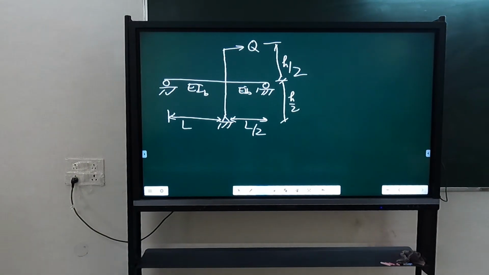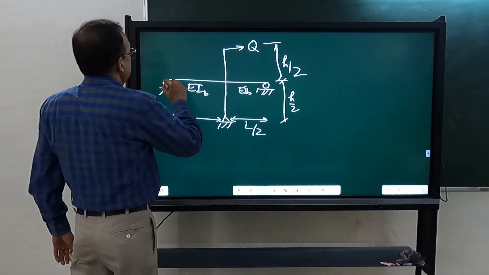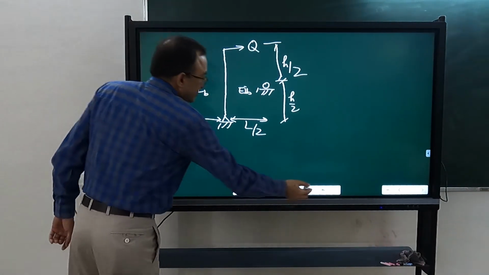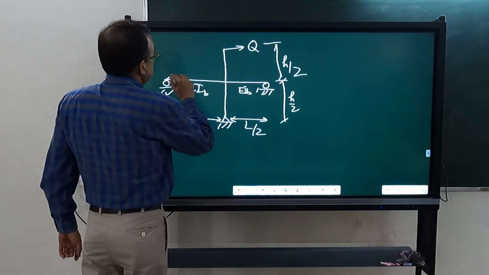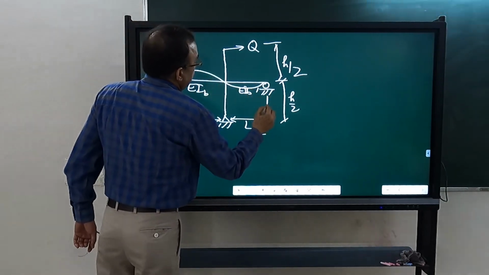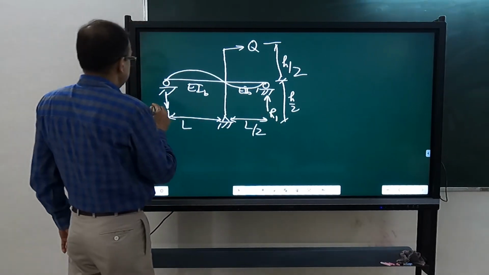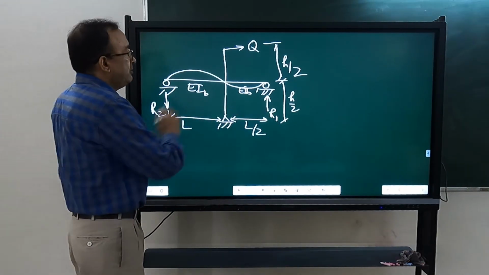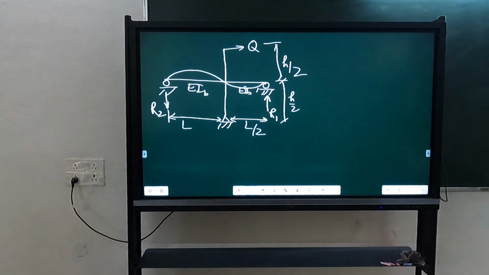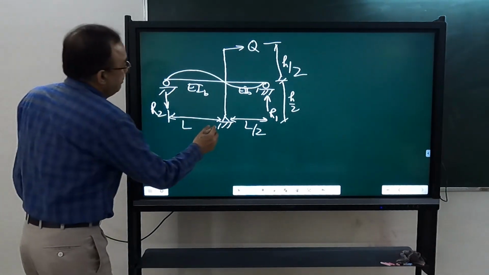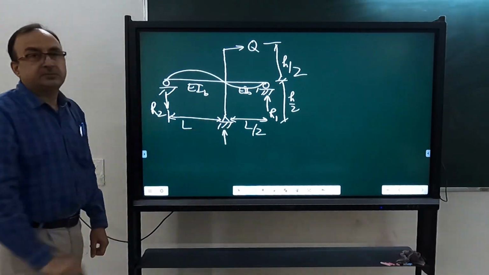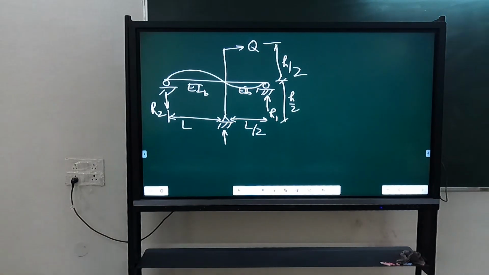Now also it is going to deform like this. Will R1 and R2 be equal now also? No. R1 and R2 will not be equal now, and hence there will be a force here also. So to solve this, you need three conditions. What will be the three conditions?